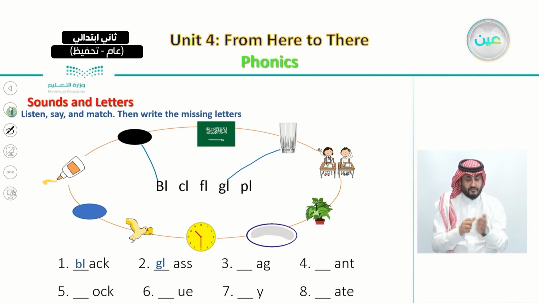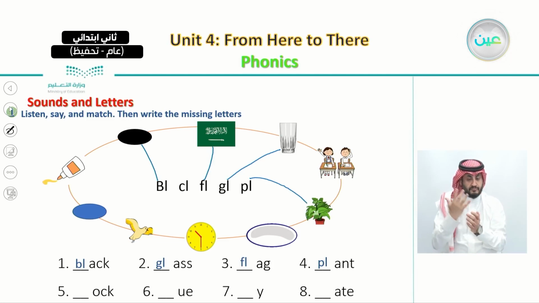Number 3, flag. Flag starts with F and L, and here we need to match the flag to its picture. Number 4, plant. Plant starts with PL, and here we need to match it to its picture.